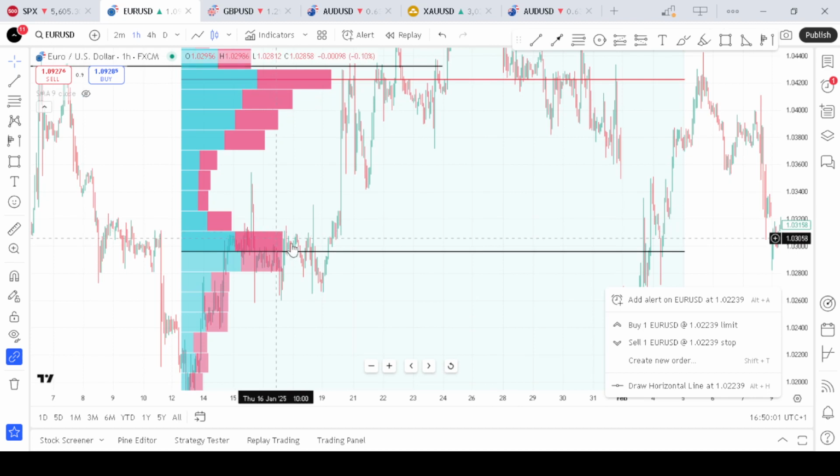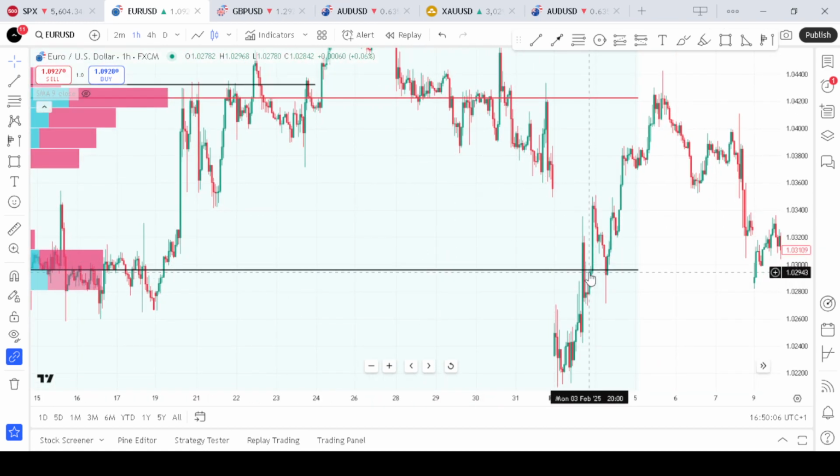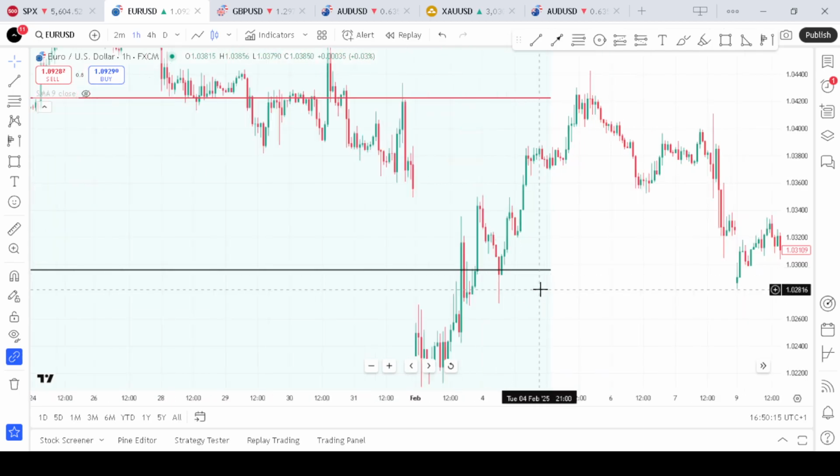This is your low volume node. This is where we expect price to act as a support or a resistance, but in terms of a buy trade, it will act as a support.